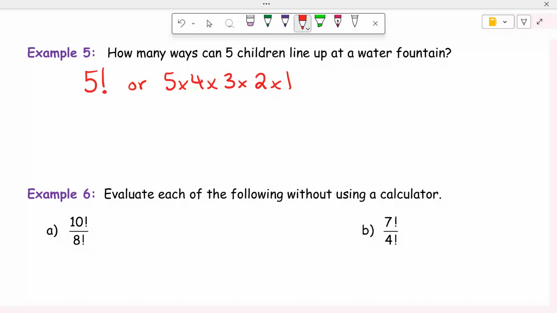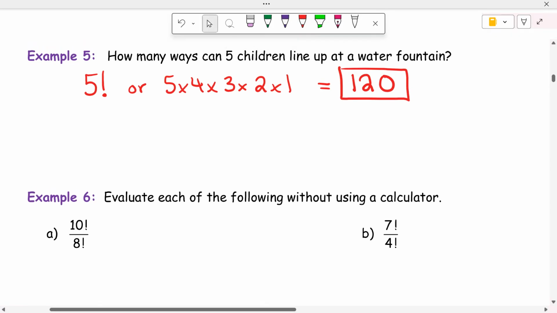So that's going to be 20, 60, 120 again, because again, we have no restrictions.